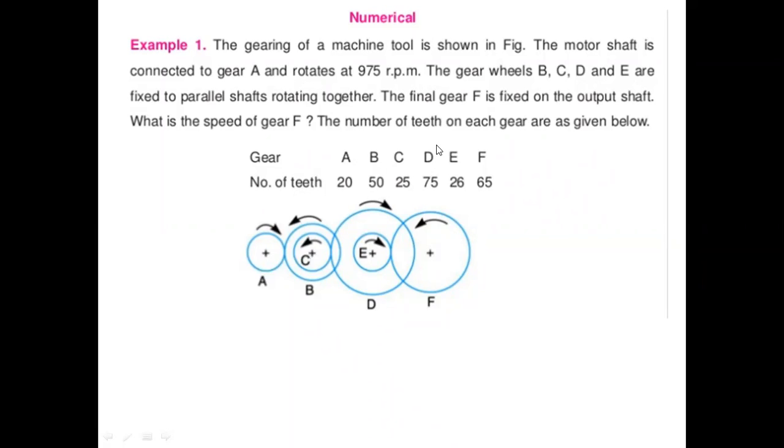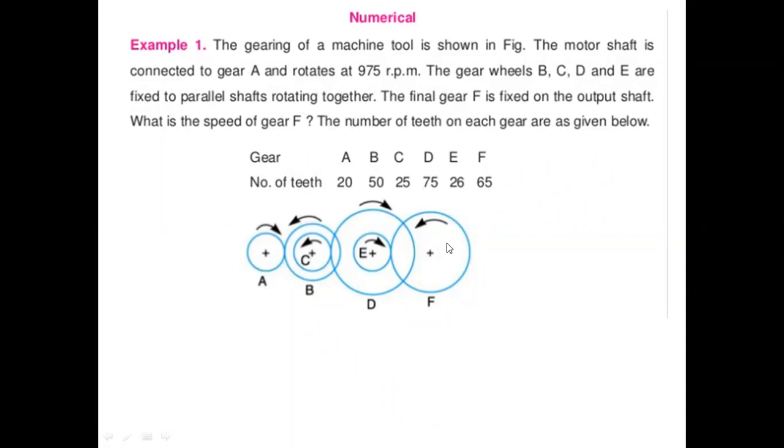The gear wheels B, C, D, E are fixed to parallel shafts rotating together. The final gear F is fixed to the output shaft. The output shaft is connected to gear F.